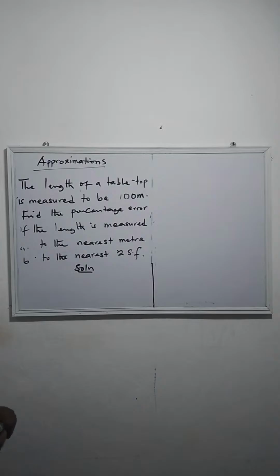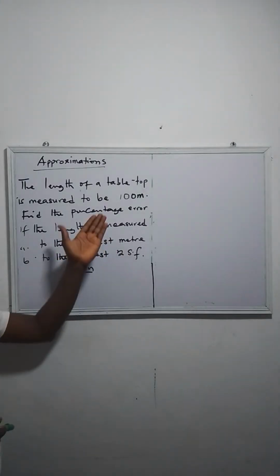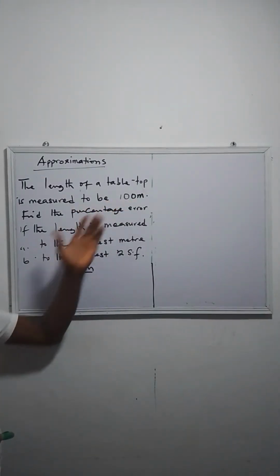Now you have to find the percentage error to the nearest meter. Now when you look at it, we have 100.